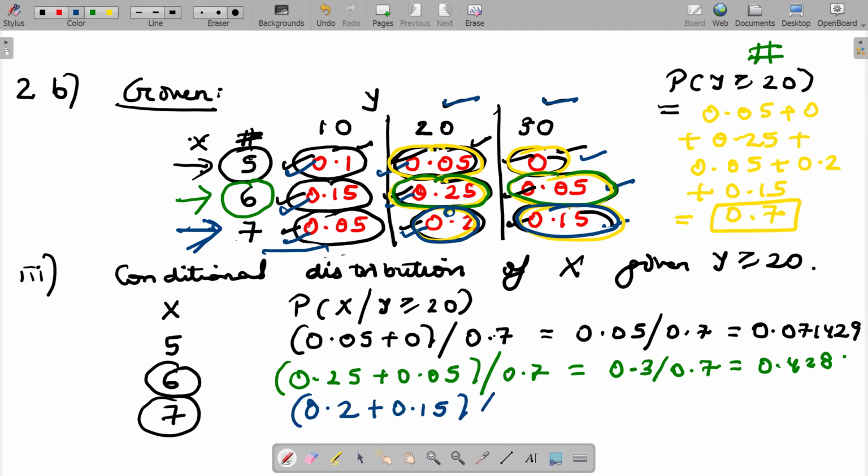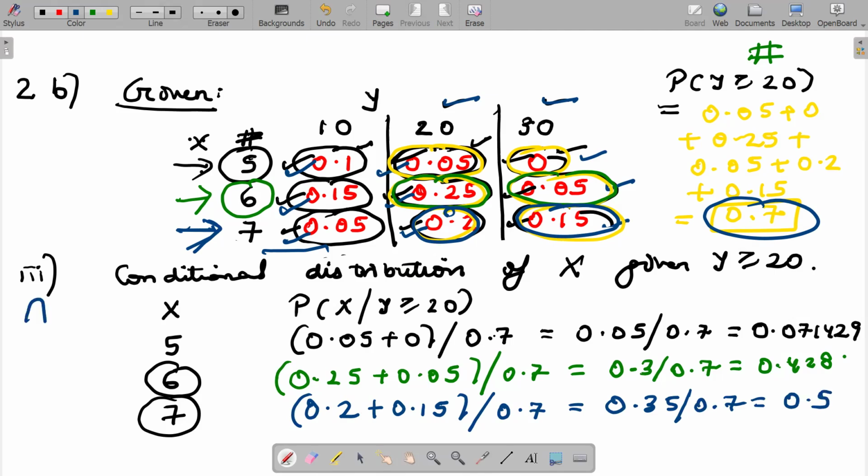And again, I'm going to divide by the total, which is the probability of y greater than or equal to 20, which is 0.7. So this works out as 0.35 over 0.7. And if I again use my simple calculator, answer is 0.5. So this is my answer for the conditional probability distribution of x given that y takes the value greater than or equal to 20.